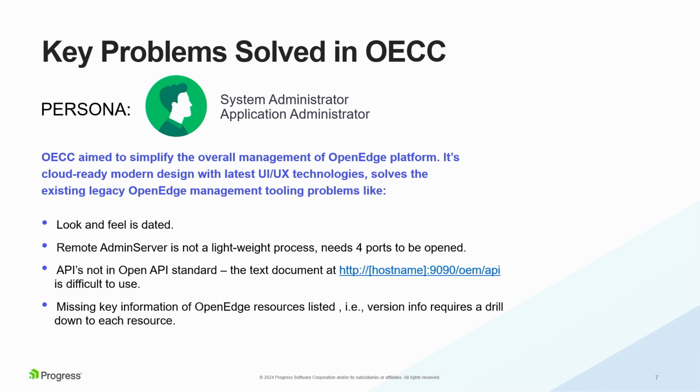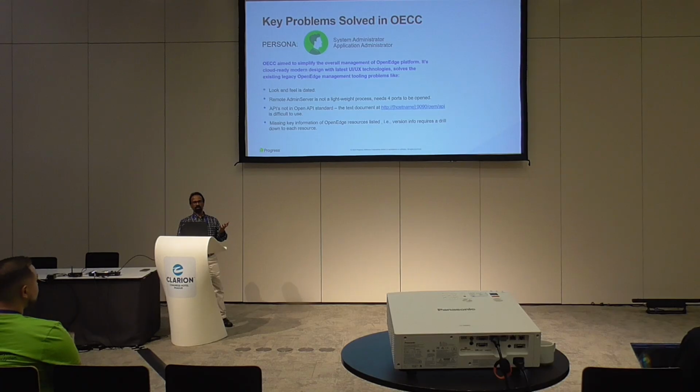You can't drill down and quickly identify whether a resource is a 12.8 resource or a 12.2 resource that you are managing. It takes 2-3 levels of navigation, so some of these information architecture problems are also solved.